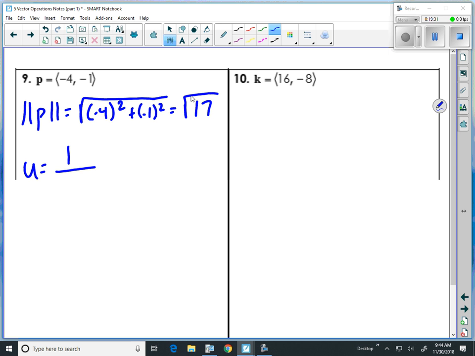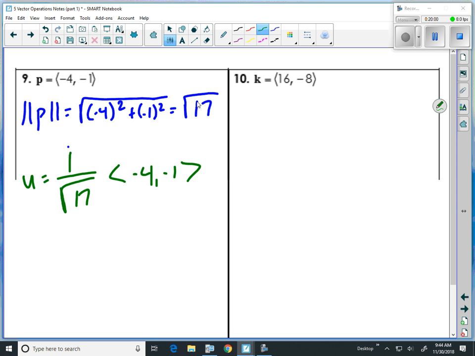So we're going to go ahead and plug it in to our formula. Okay, I have bad news because we cannot have a radical in the denominator. Here's what we do if we get a radical in the denominator.